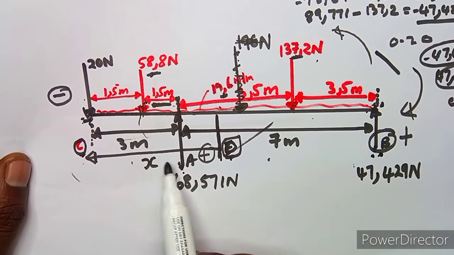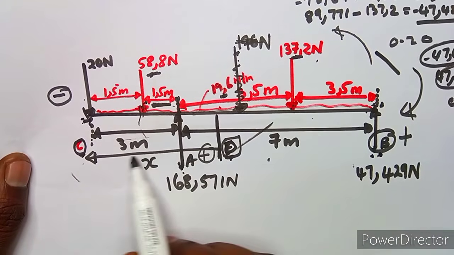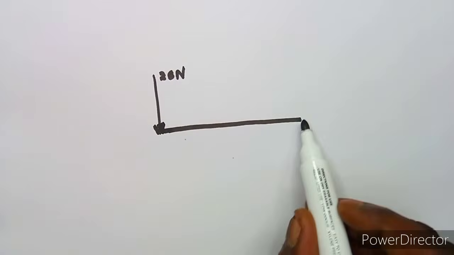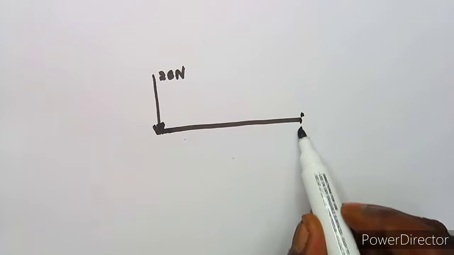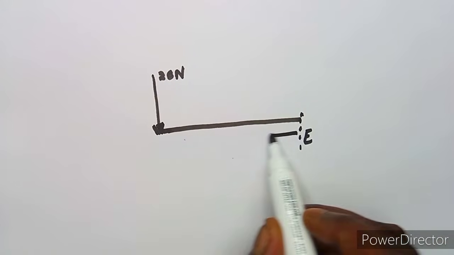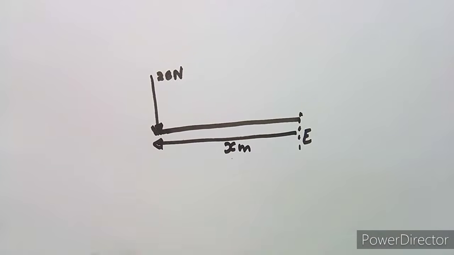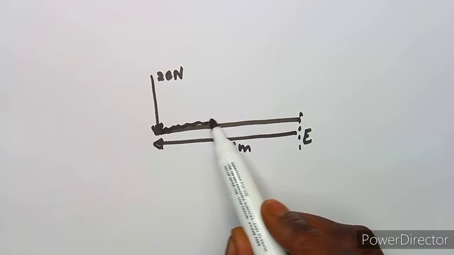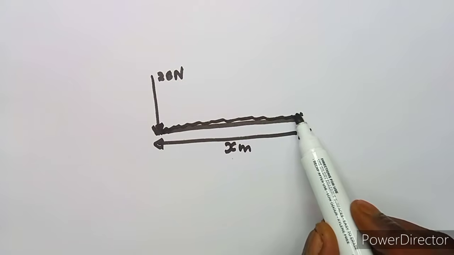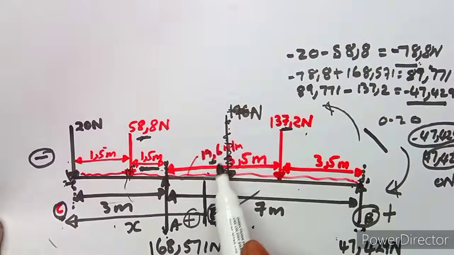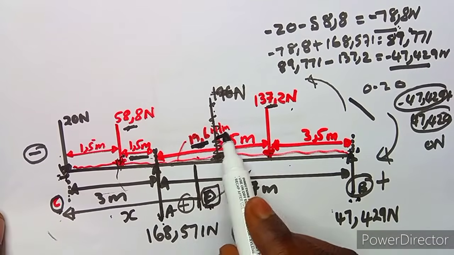Then we are saying we do not know the distance that is going to be taken up to the point E. So we shall just say this is where we have our E, and there's a distance of x meters in between. But what we know is that we have a distributed load in between. This one is not going to change. It remains as 19.6 Newton per meter.